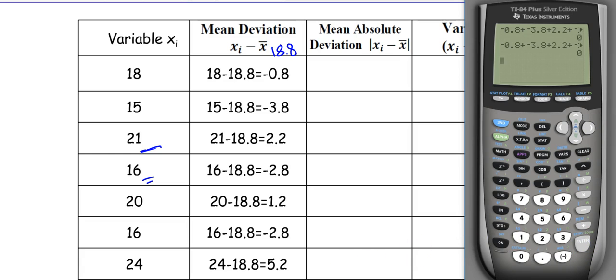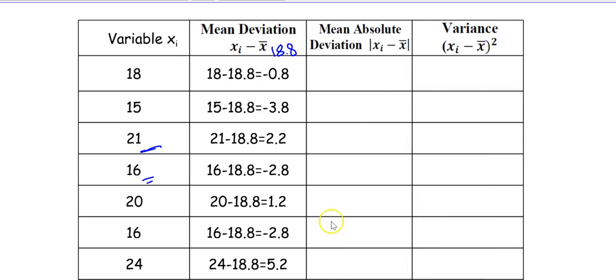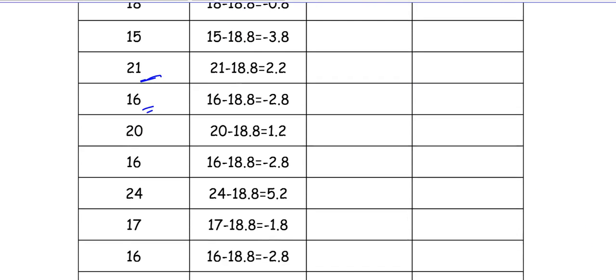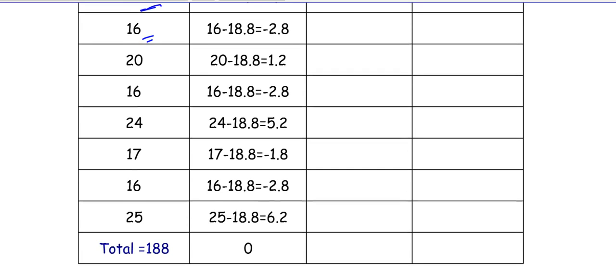The result is 0, because this is the mean. From the mean, those variables are deviated on either side. Some numbers are less than the mean 18.8, and some are greater. So eventually the total of those differences will be 0.